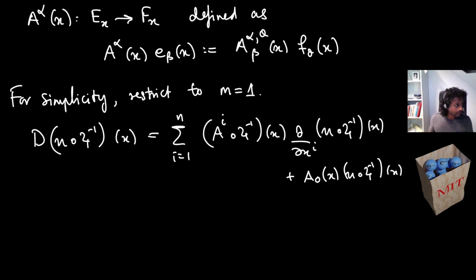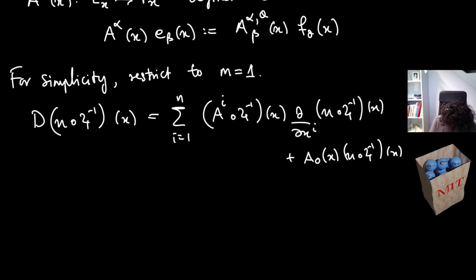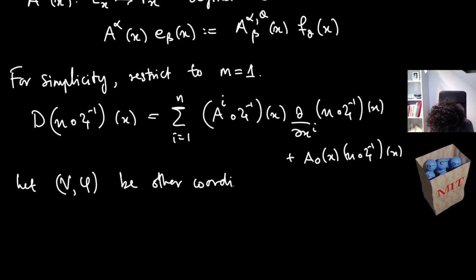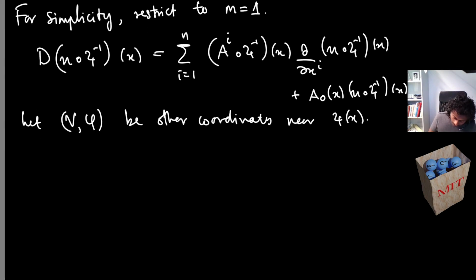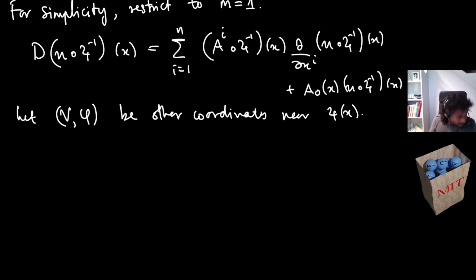So, if we now let V, phi be other coordinates near psi of x, then we can write d of u composed with phi inverse at x.